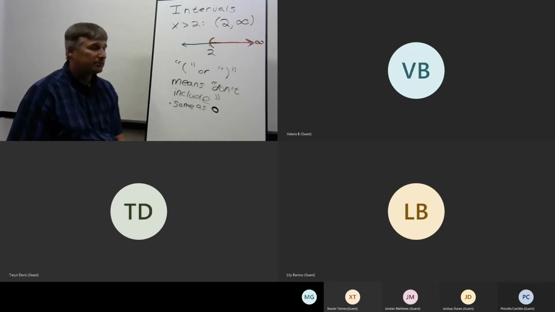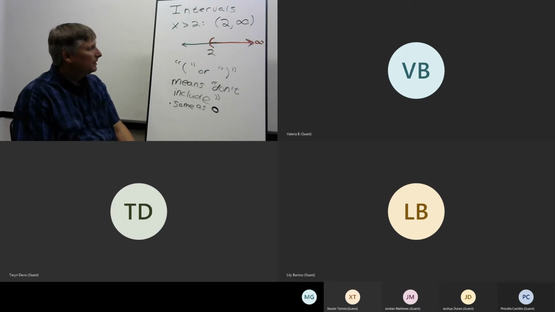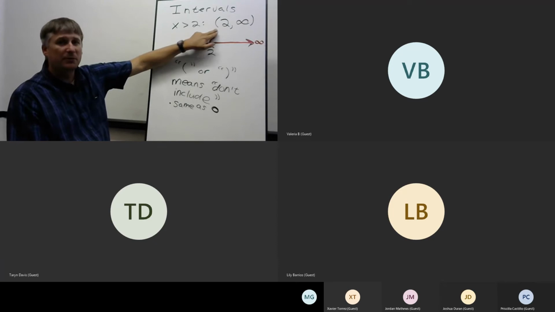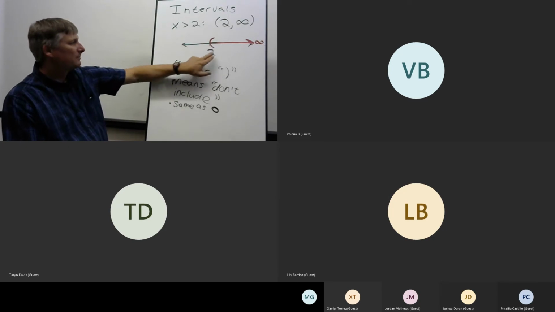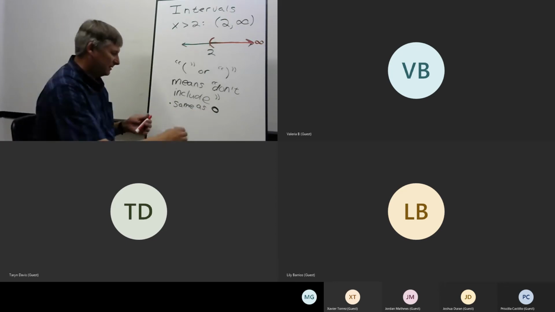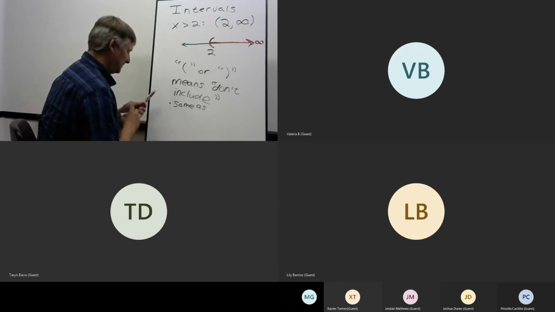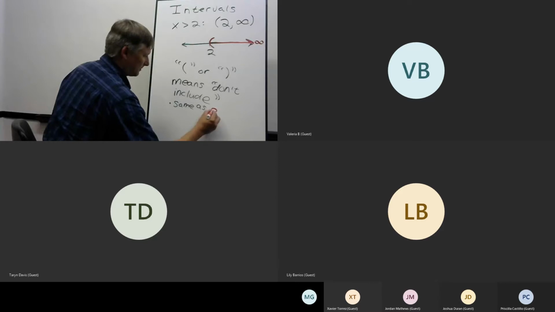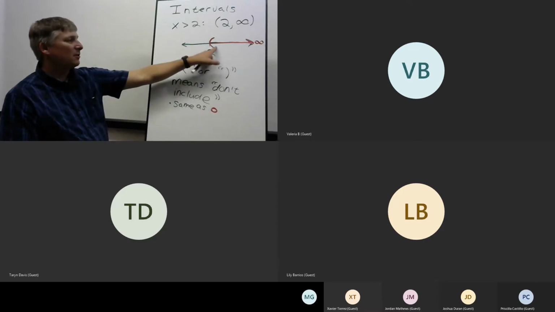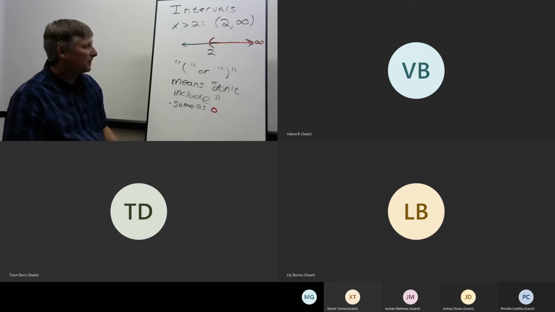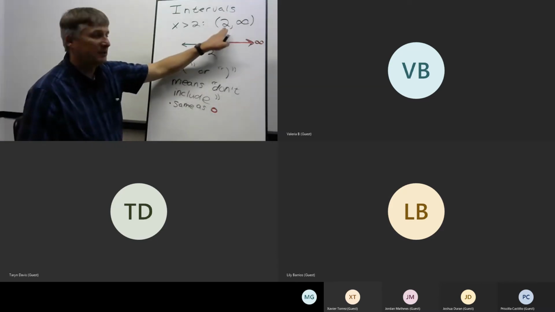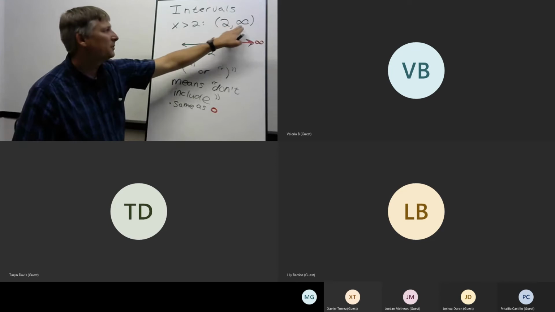It means don't include. So when we don't want to include 2, we use an open parenthesis. And we can place that on the number line instead of the circle. In fact, let me make this a little more consistent. So a parenthesis or an open circle means the same thing. So we're going to go from 2, but not include 2, off to infinity.